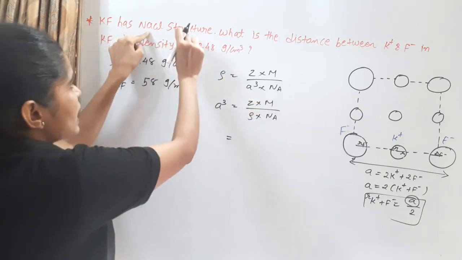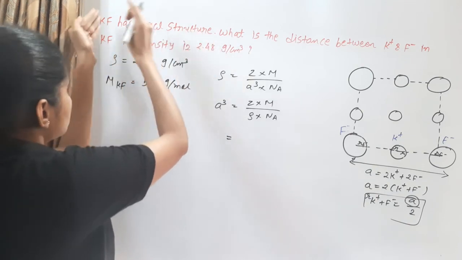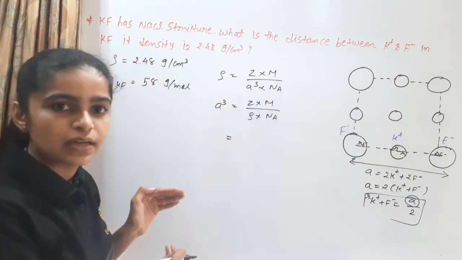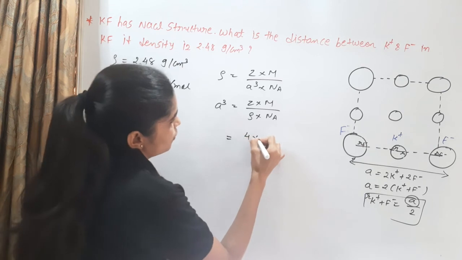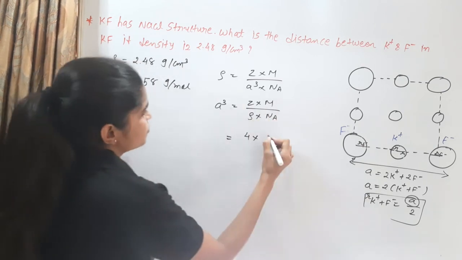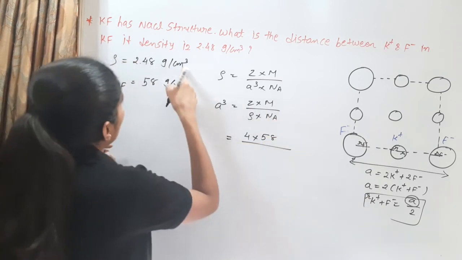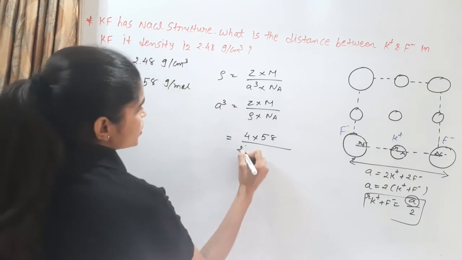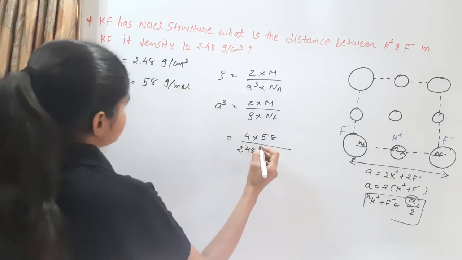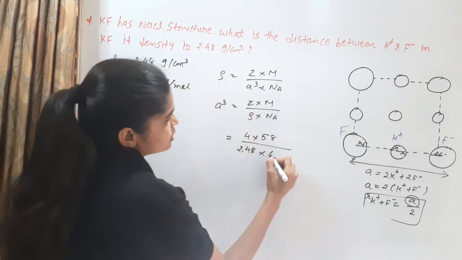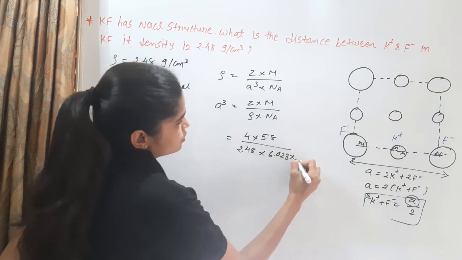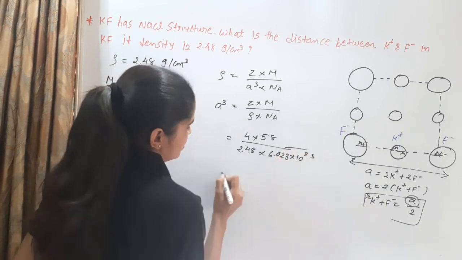KF has a NaCl structure, so this structure is like NaCl. So Z value is 4. M value, mass, is 58. Rho, density, is 2.48. And Na value is 6.023 into 10 raised to 23.